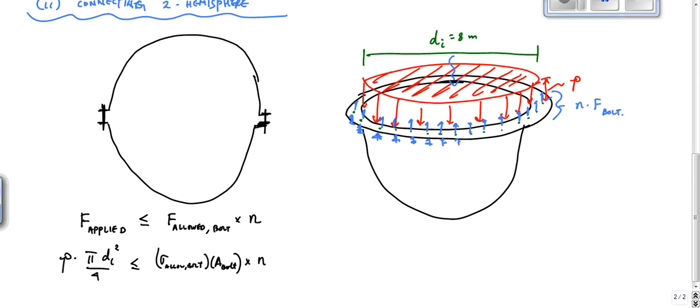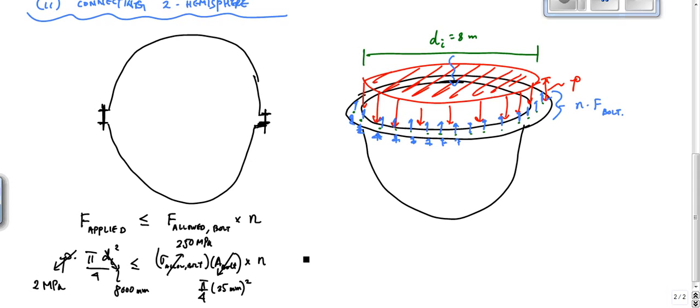We know this is 250 MPa, the bolt area is pi over 4 times 25 millimeters squared, the pressure is 2 megapascals, and the diameter is 8,000 millimeters.